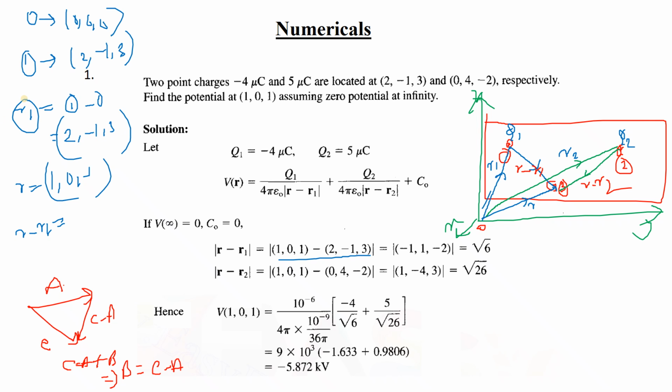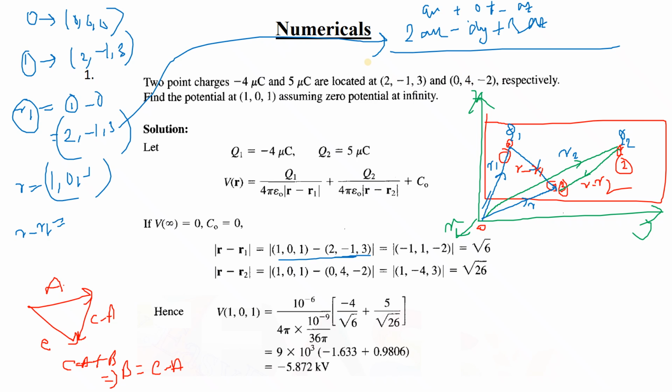If you write 2, minus 1, 3, R is a vector, R is a displacement, so you cannot write it as 2 minus 3. This is written as a shortcut. This is actually 2 unit vector x minus unit vector y plus 3 unit vector z. And R is unit vector x plus 0 plus minus unit vector z.